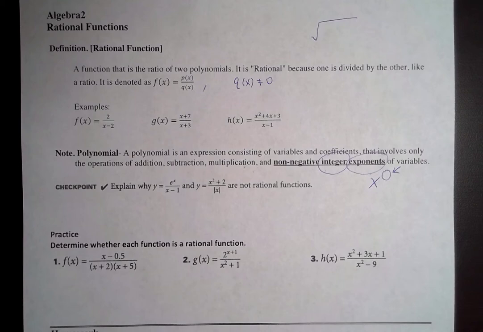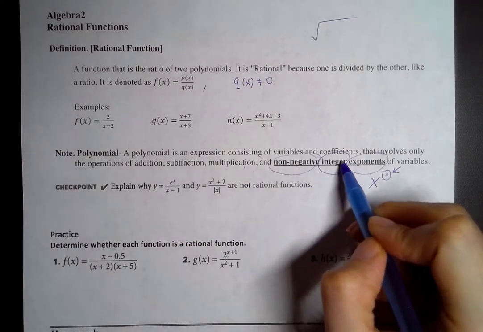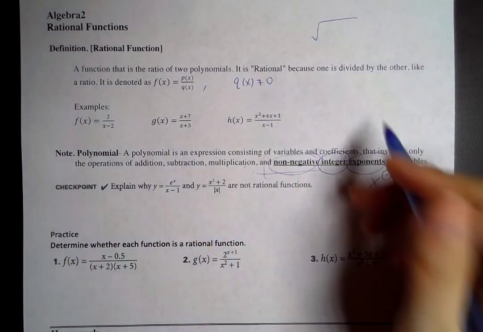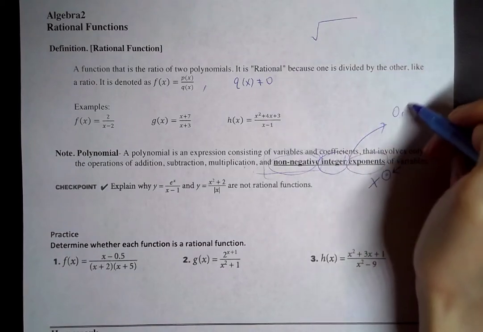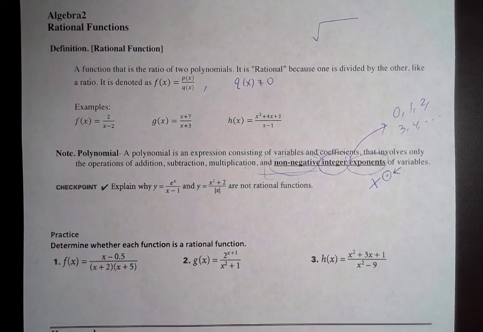Positive integer and 0. When it's 0, we know that's a constant, right? So only 0, 1, 2, 3, 4, those kinds of numbers. That says non-negative. Integer means positive, negative, 0, but this one says non-negative, so this is 0, 1, 2, 3, 4, that kind of number, okay? Then we call that a polynomial, all right?